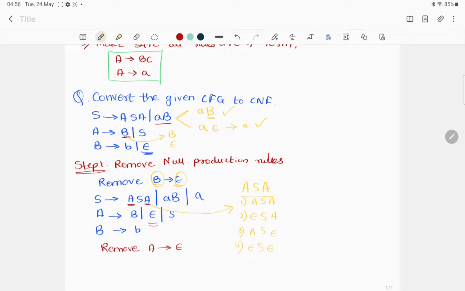So these are the 4 cases that can come into the picture. Because of this, the strings that I'm getting are ASA, SA, AS, and S. So to remove A giving epsilon, in place of ASA, I'm putting all these 4 rules. Now let's do that.